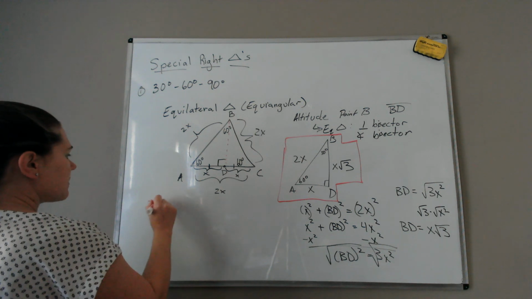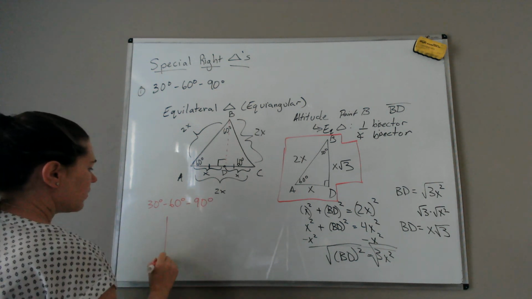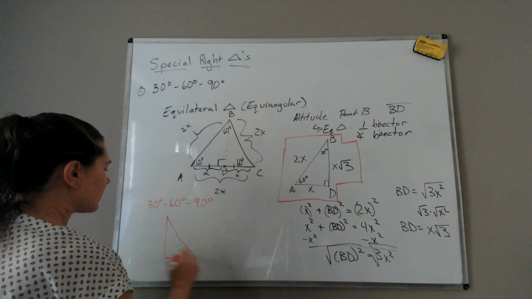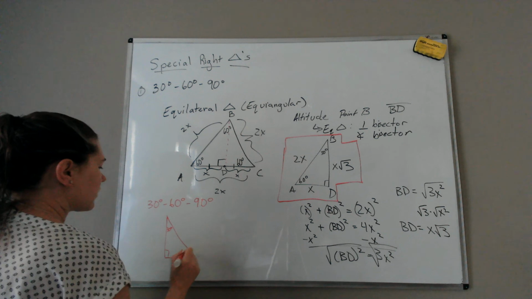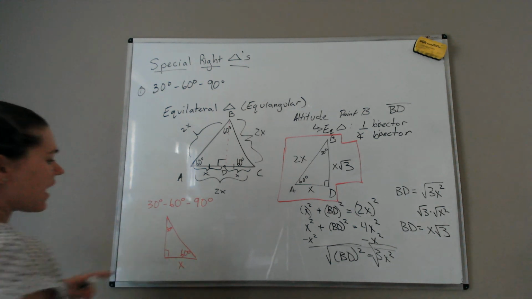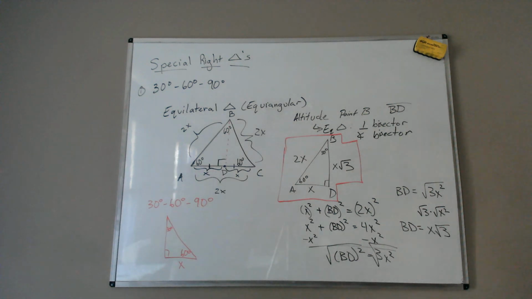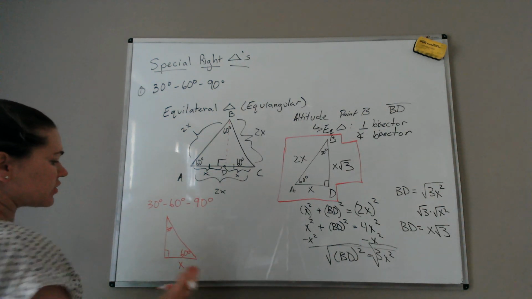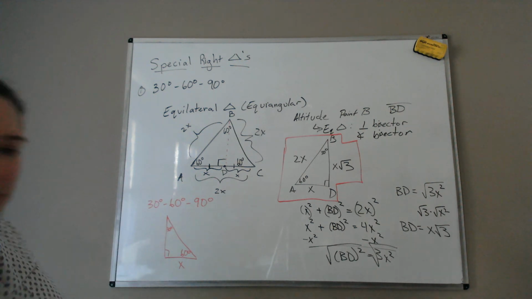A 30, 60, 90 degree triangle. Whatever is opposite 30, now people get confused because I put x here. If you don't like having x, put any symbol to represent a variable, has the ability to change.